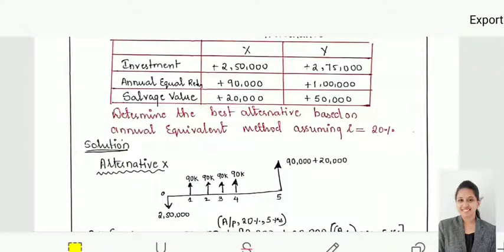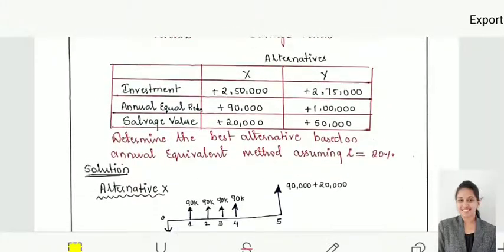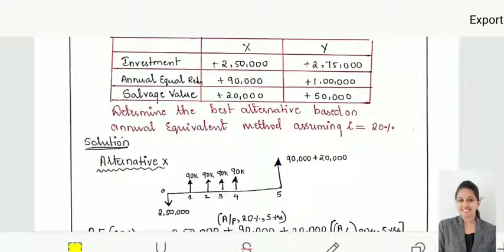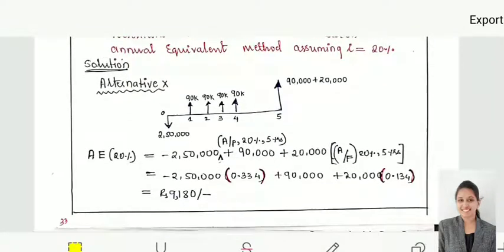Now we will see this example. This is the question given: determine the best alternative based upon the annual equivalent method, at 20%. Now we will see first the solution for alternative X. Here you are able to see the cash flow diagram.